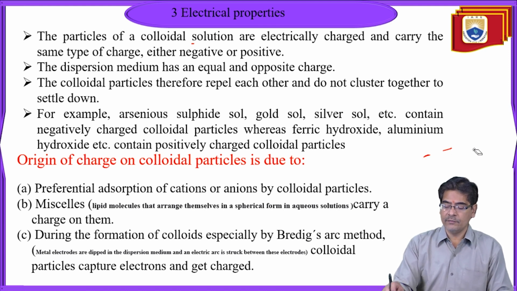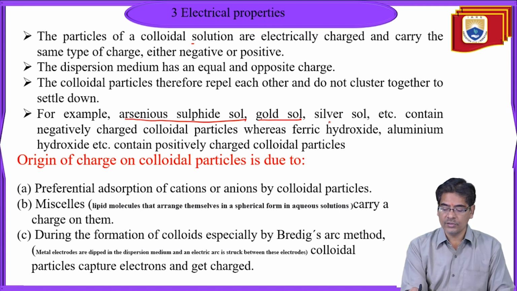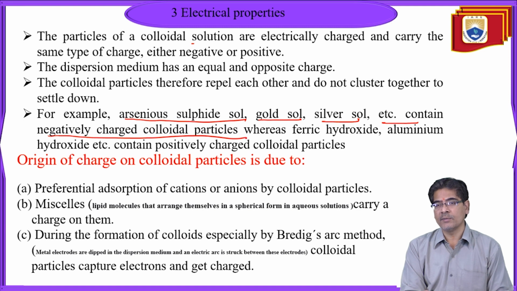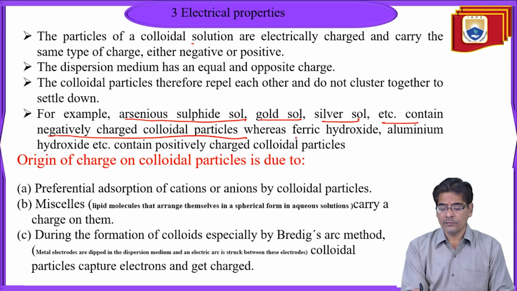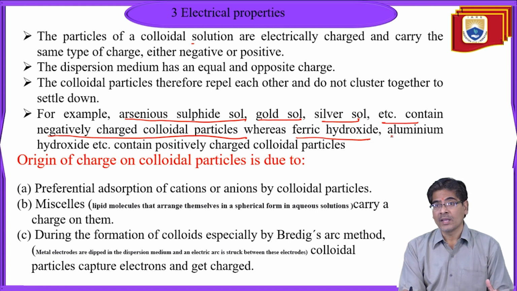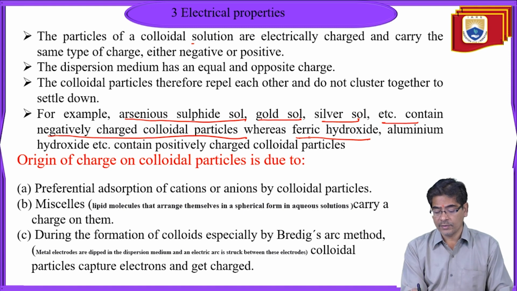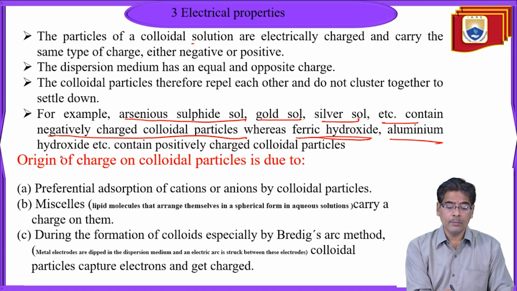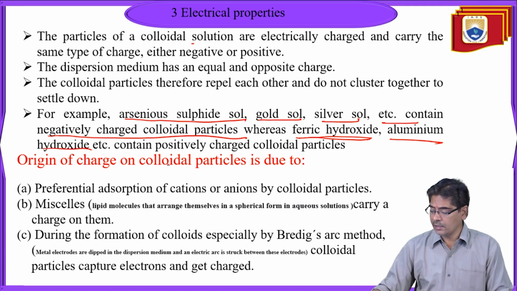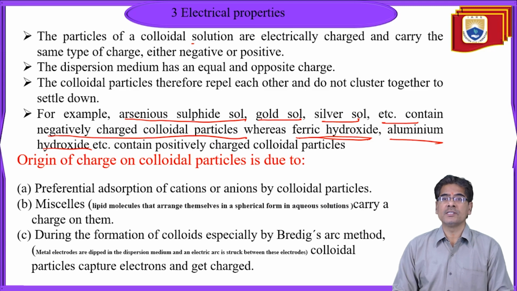For example, arsenious sulfide solutions, gold solutions, silver solutions, etc. contain negatively charged colloidal particles, whereas ferric hydroxide, aluminum hydroxide, etc. contain positively charged colloidal particles.